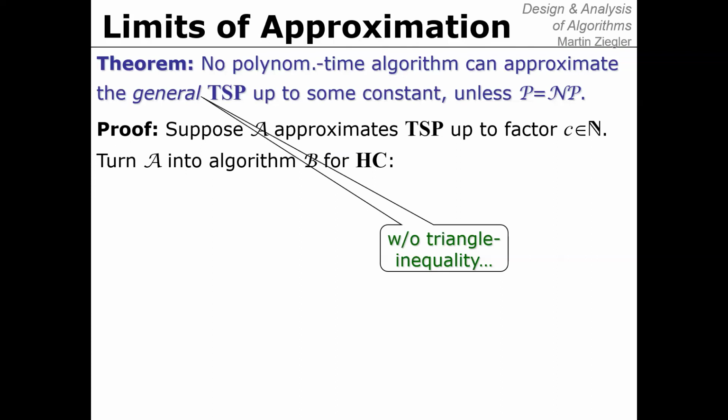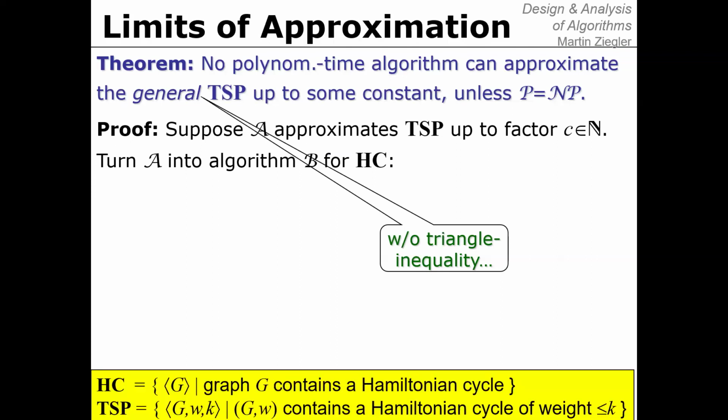Decision problem, NP-complete. So here you see the two problems recalled for your convenience. Traveling salesperson: complete graph with weights. Hamiltonian cycle problem: not complete graph, without weights.